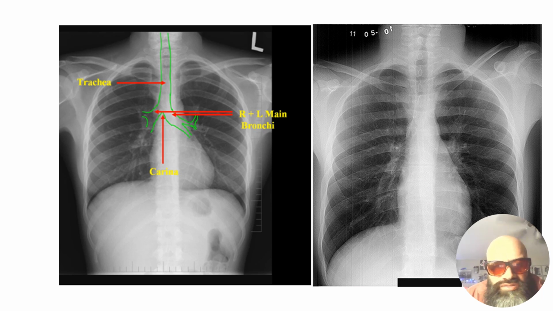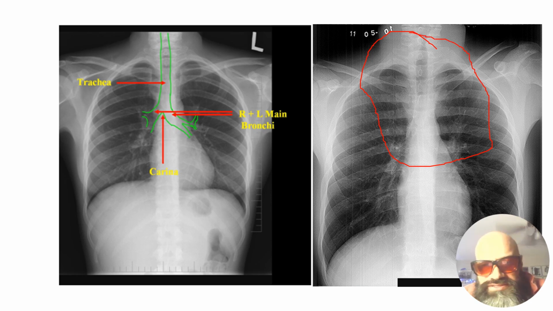So the more you look at these images that are labeled for you, and then compare them to one that isn't labeled, such as this one on our right, you're going to be better able to visualize these labeled structures in your mind, and then when you are presented with a chest x-ray like this one that's not labeled, you're going to be better able to understand where things are located.